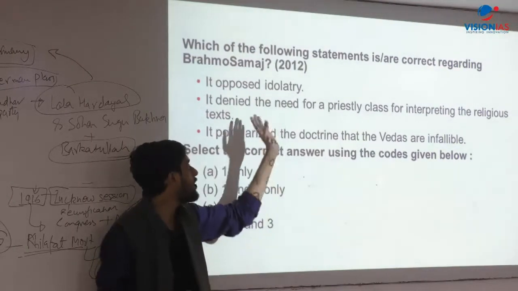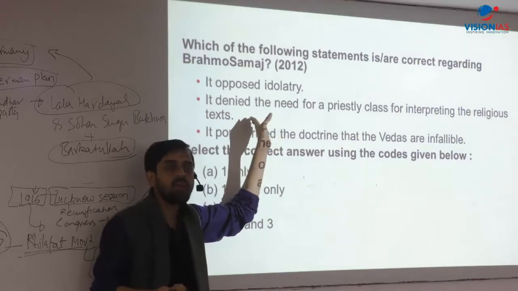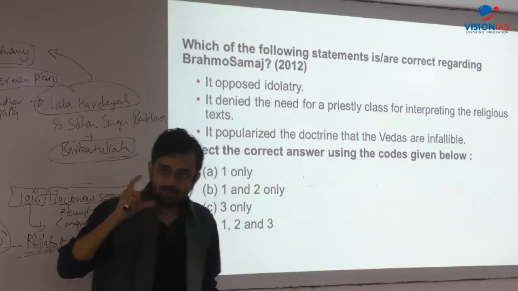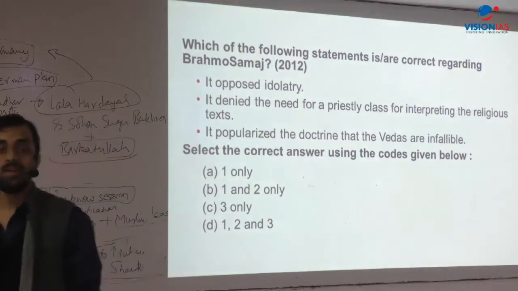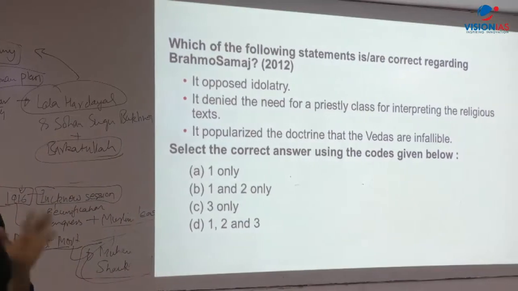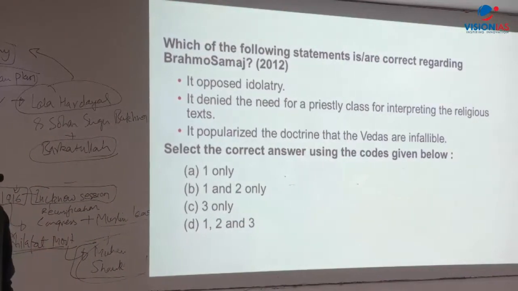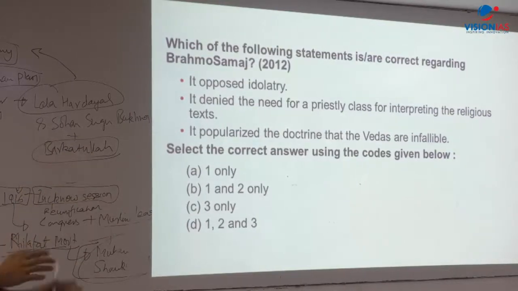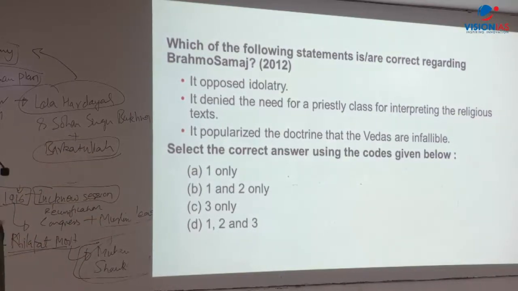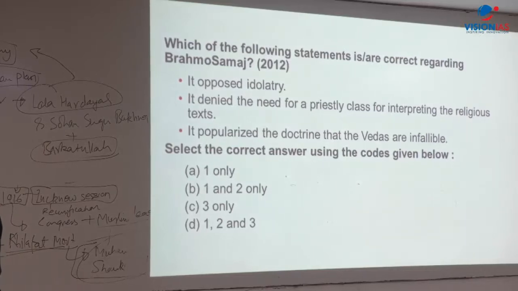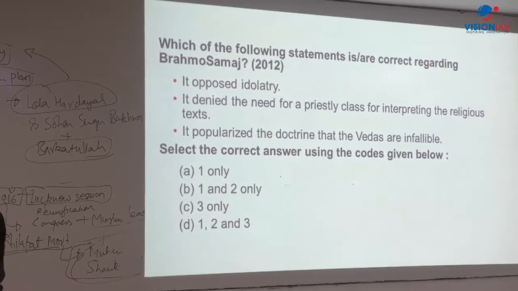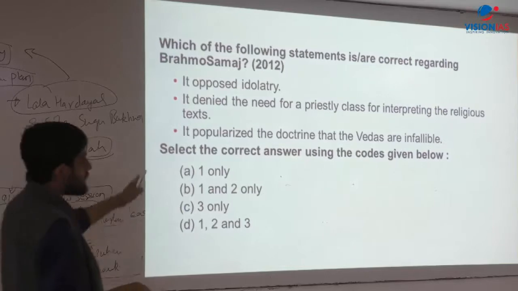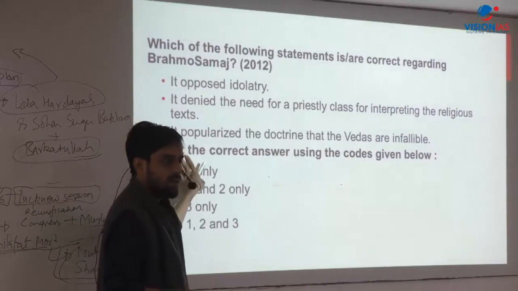ओके, सो अगर आप, तो यही होता है. देखिए क्या होगा, कई ऐसे क्वेश्चन, ये नहीं होना चाहिए. I am frankly putting this, when you are revising many subjects, you are there in the exam, tension में भी होते हैं. कोई ब्राह्मो समाज को आर्य समाज को ब्राह्मो समाज भी पढ़ लेता है और सब मार देता है. Okay, when this question came, a lot of students made this mistake. They also went ahead with the third option, that this is also correct.